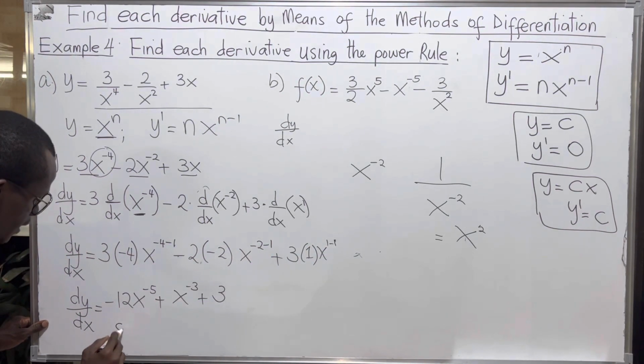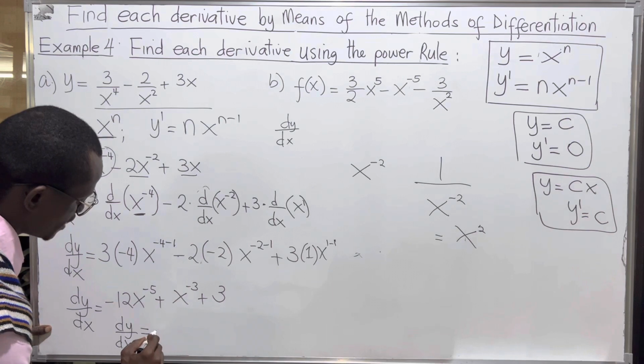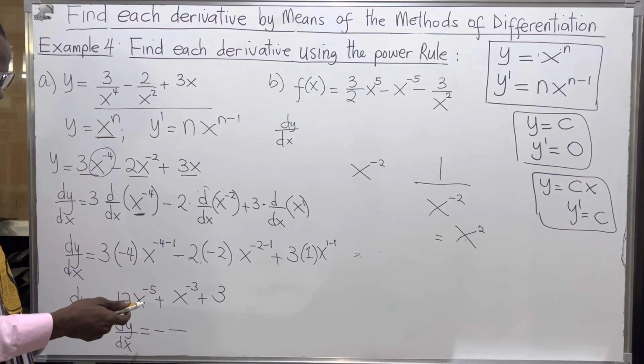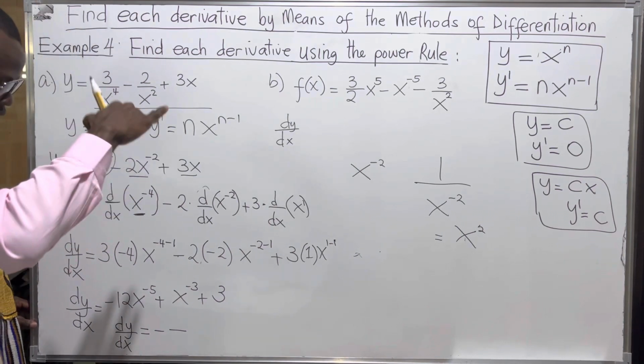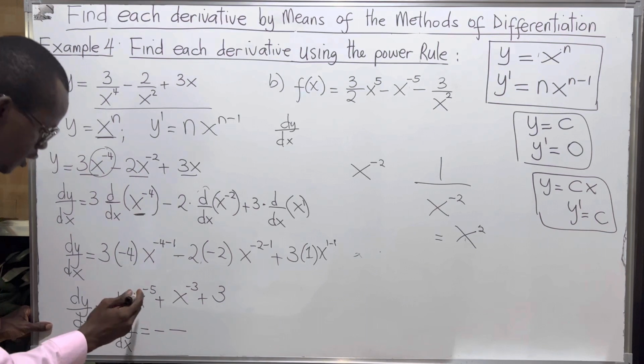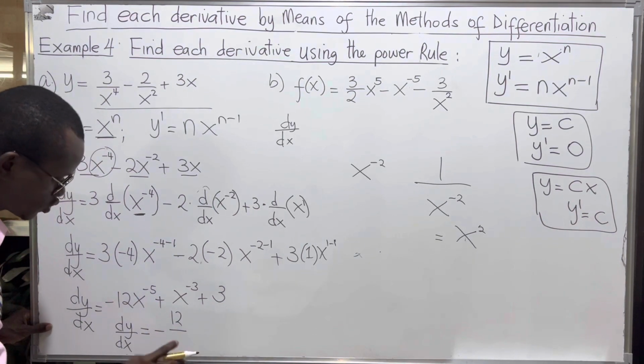So normally when you write your final answer, when you have negative powers of the variables, you rewrite them. That is, when the power is negative and it is in the numerator, you send it to the denominator. When it is in the denominator, you send it to the numerator. So we bring this expression down. So 12 is on top. We don't carry 12 down.